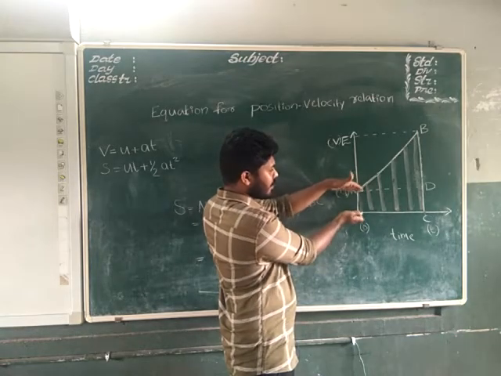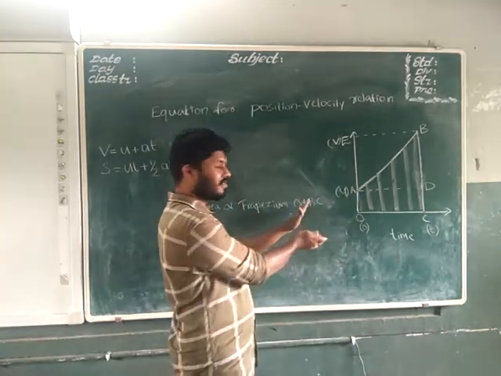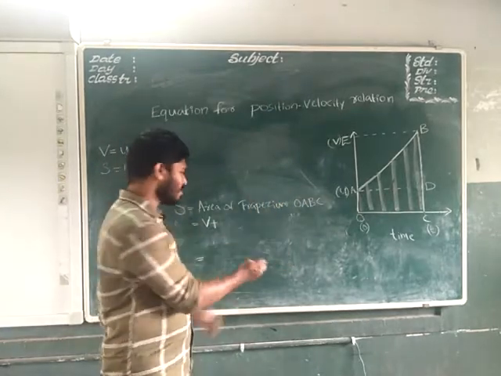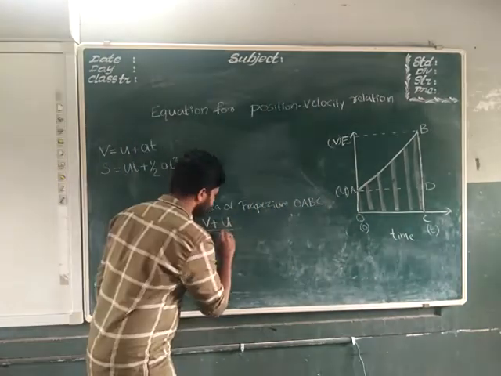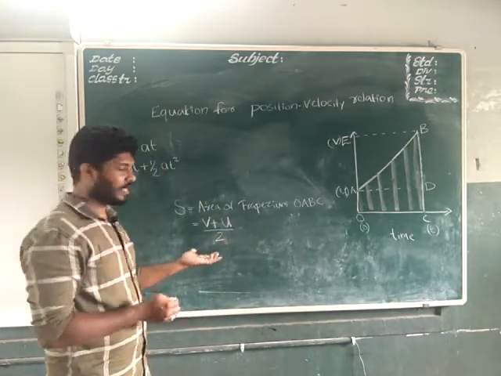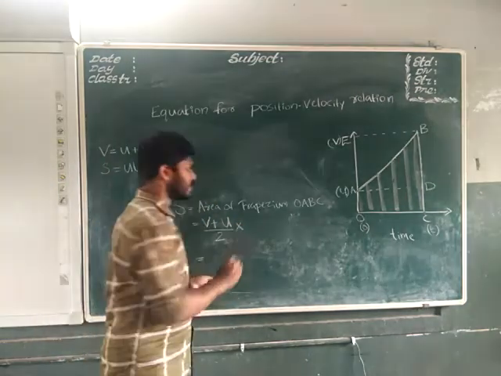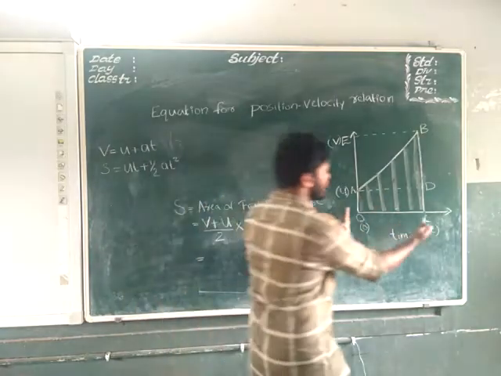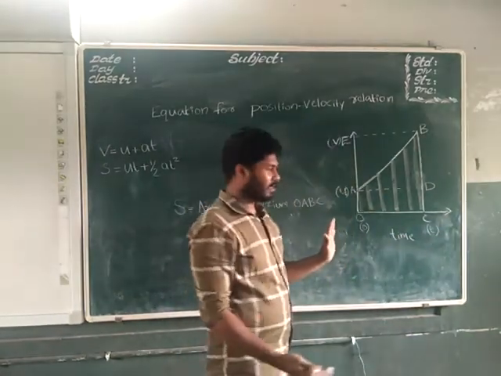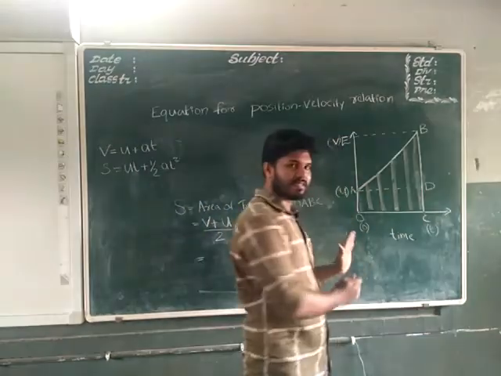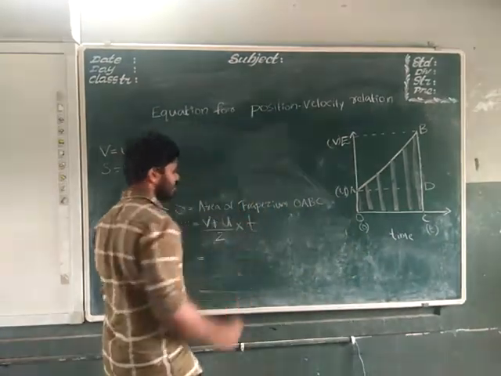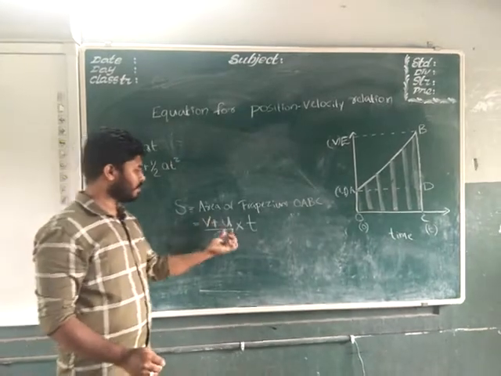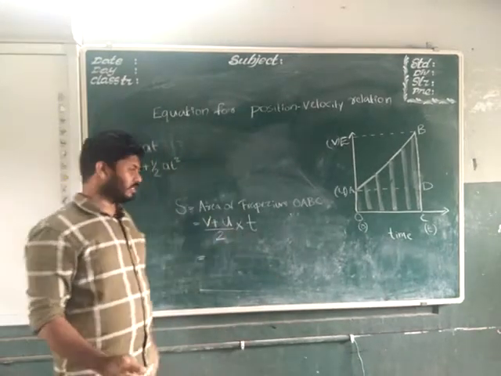That is OA, which is already on the y-axis, so it is very easy, it is U. So V plus U divided by 2, that is the equation of area, into the distance between them, that is OC. What is OC? It is T minus 0, that is T itself. So we got V plus U divided by 2 into T.